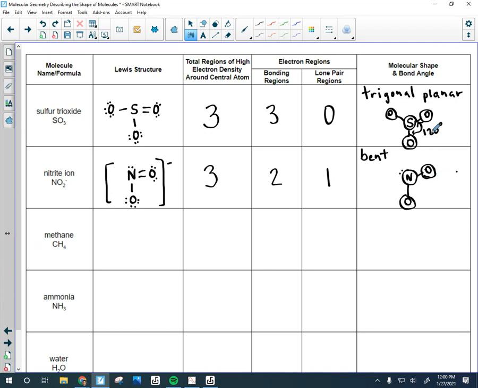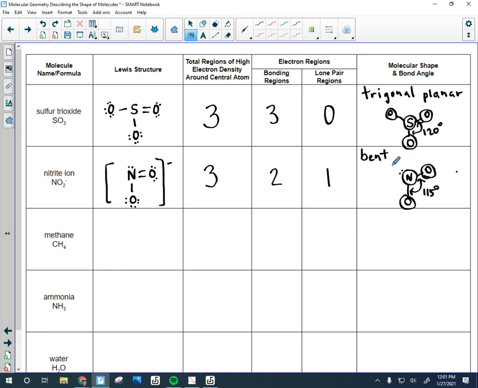Okay. Now, since I built it off the trigonal planar, I'm going to expect this bond angle to be similar to 120. But when you look at actual crystallography data, the bond angle tends to be a little bit smaller. So it gets squeezed a little bit more, and it's usually somewhere in the neighborhood of about 115 degrees, whereas this was about 120.